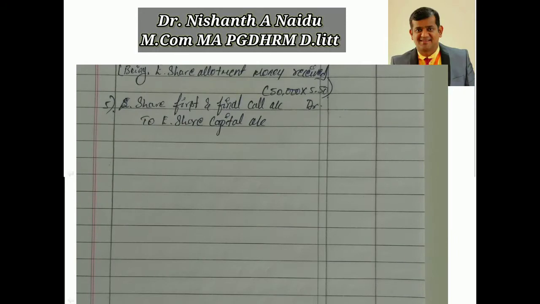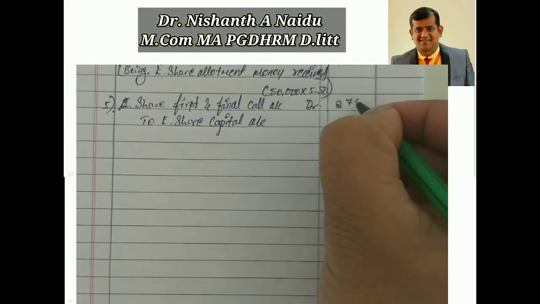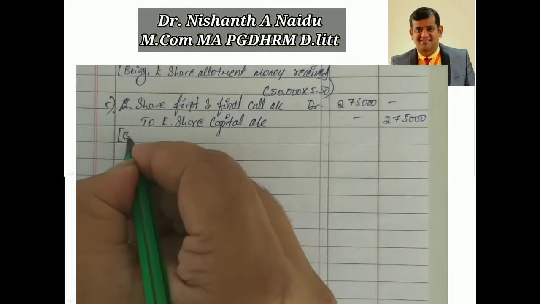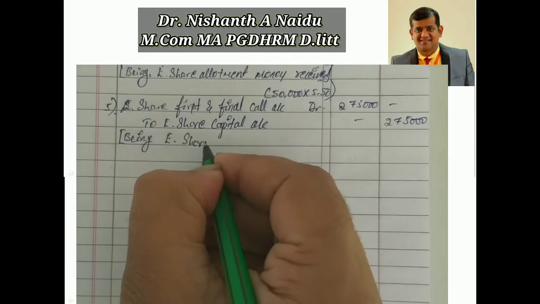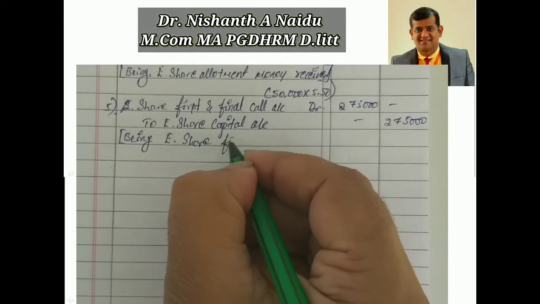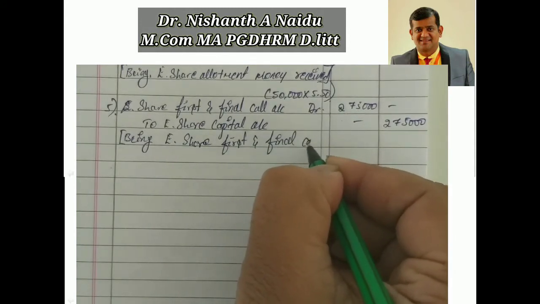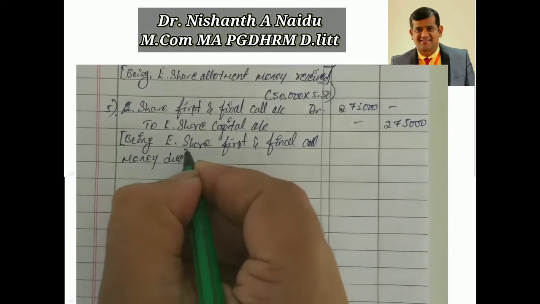So calculate 50,000 into 5.50, that comes to 2,75,000 rupees. So mark this as 2,75,000. Being equity share first and final call money due.